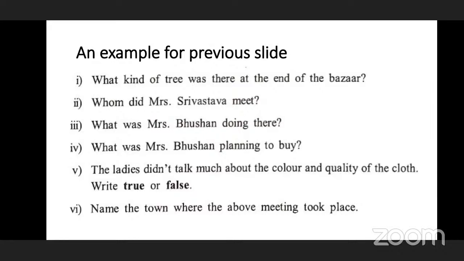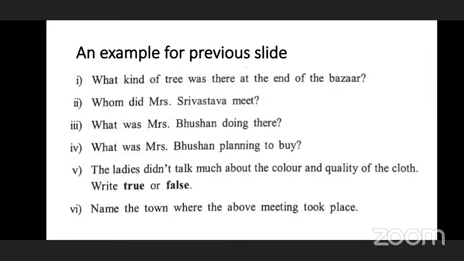When you find a single word or single sentence answer, it cannot be considered an umbrella question or critical question. It could be a factual question. This question begins with what, so it can be said to be a factual question. And the next question: whom did Mrs. Srivatsava meet? Whom? A very simple answer: Mrs. Bhushan.